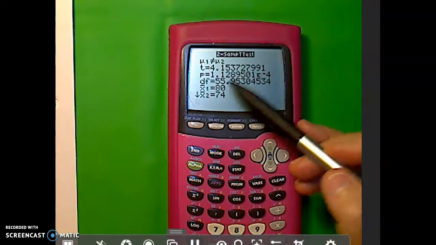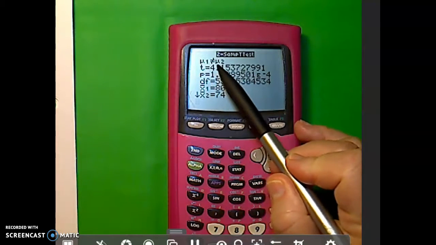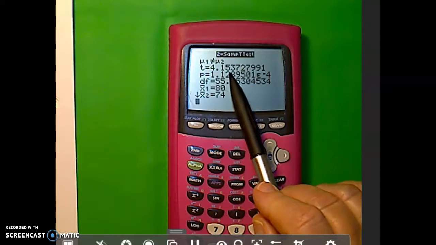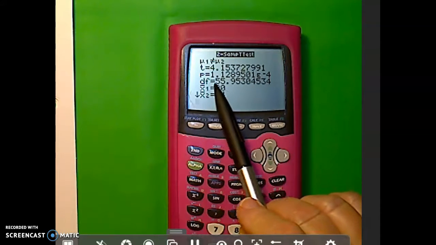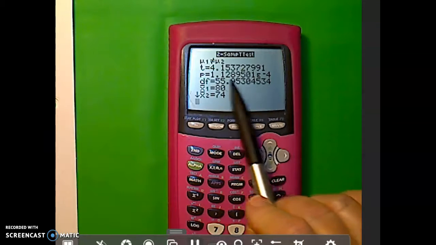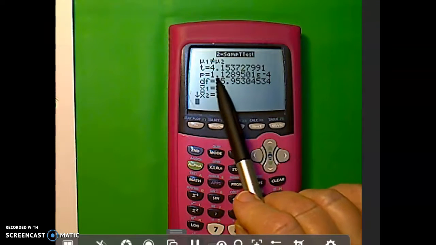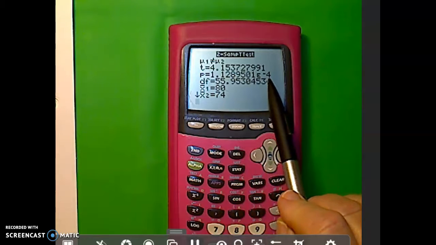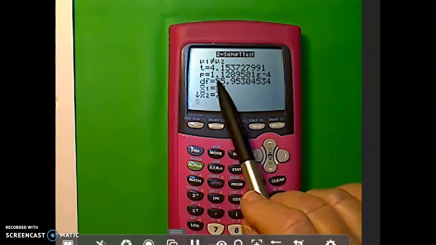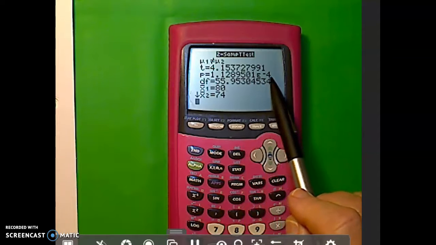I am given my alternate hypothesis that the means are different. There's my t-score, 4.15 and some change. My p-value looks like 1.12. Remember, you've got to pay attention, this is in exponential notation. This is 1.12 or 1.13 times 10 to the negative 4th power.